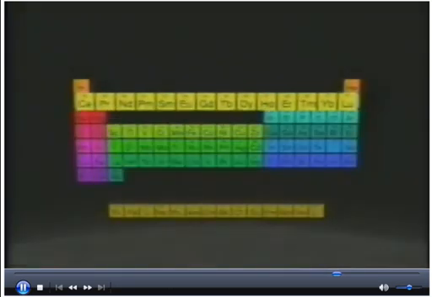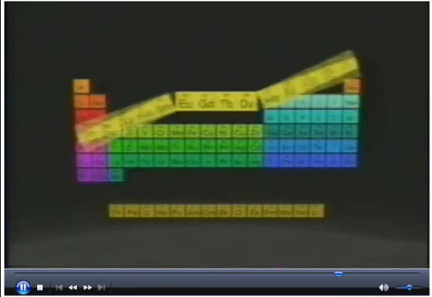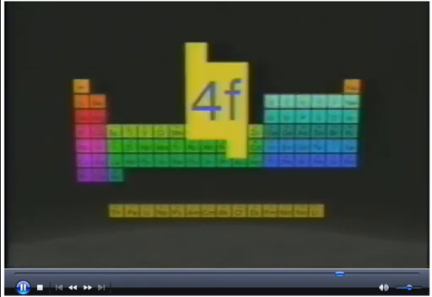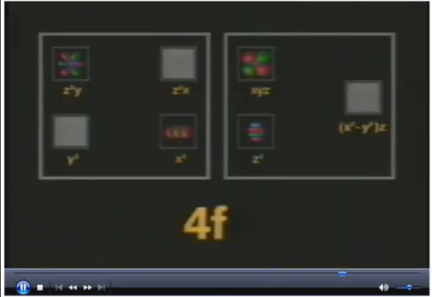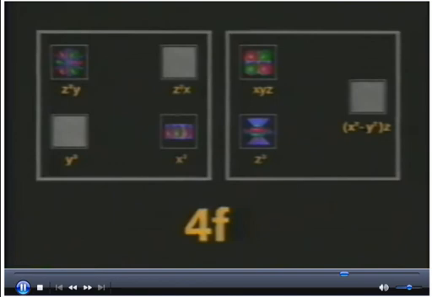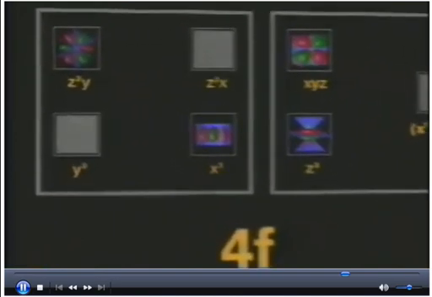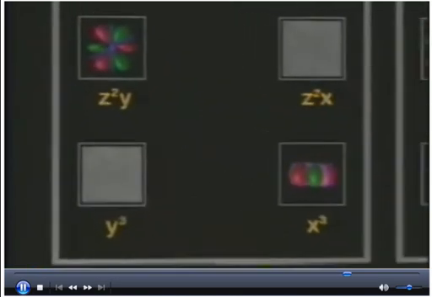The 14 elements in the lanthanide series have valence electrons in the 4f orbitals. There are 7 4f orbitals. Each 4f orbital has 3 nodal surfaces.